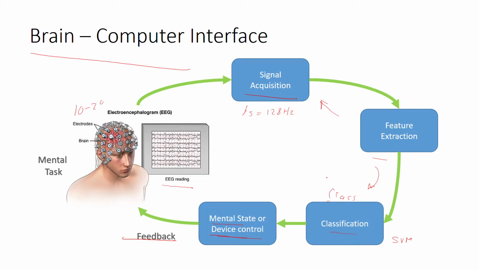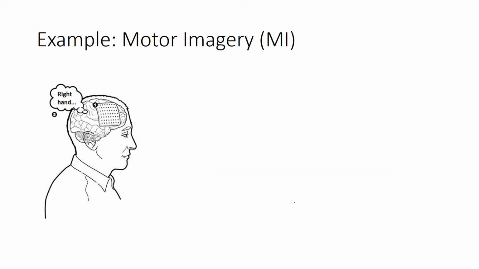So today's lecture will cover feature extraction. As an example, let us consider a motor imagery application. In this case, the two mental states that we're going to identify are imagined left hand movement on one side and imagined right hand movement on the other side.